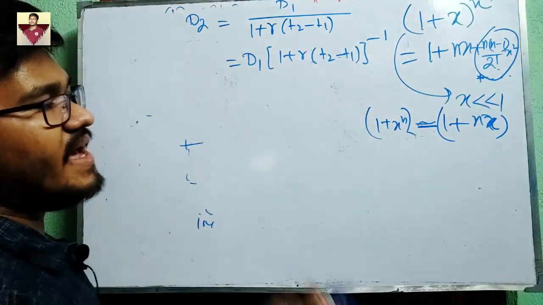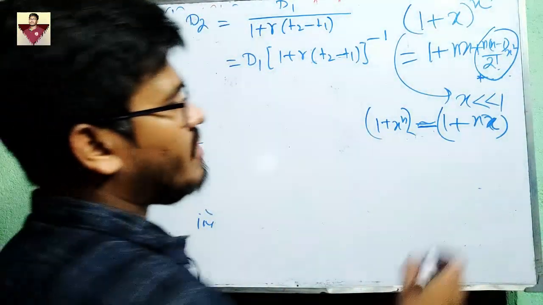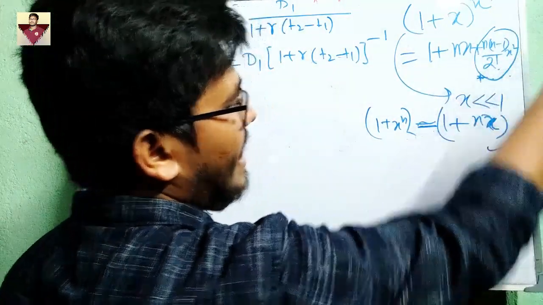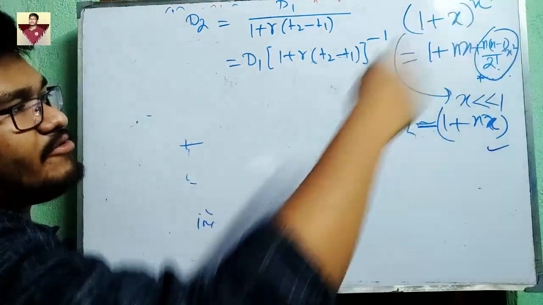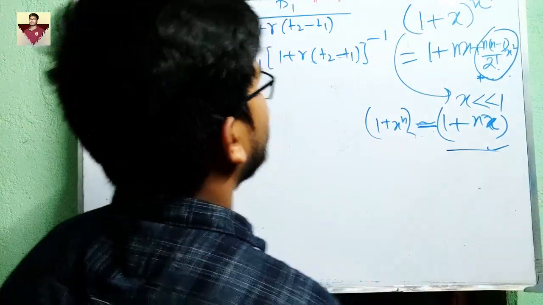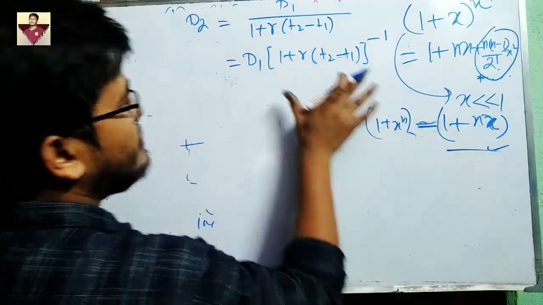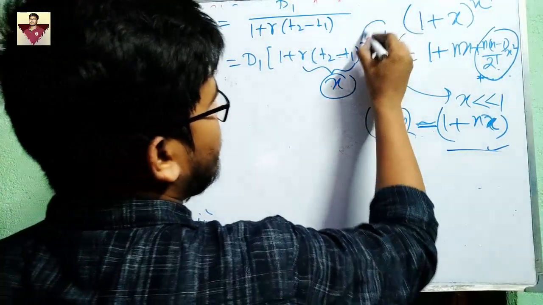So I am considering x to be a very small quantity with respect to 1. The higher order terms, x square and x cube, will be smaller and smaller. So I want to use this equation in this case. Let's imagine this whole part is x and this is your n.